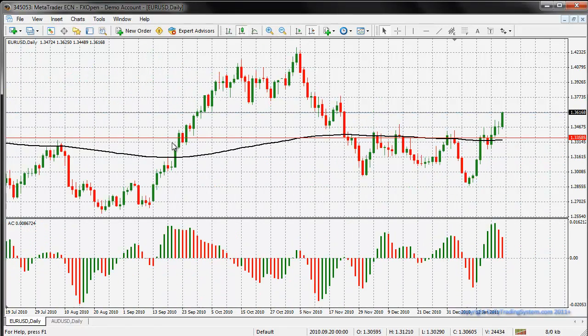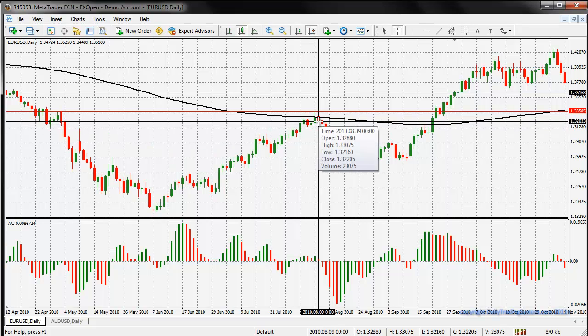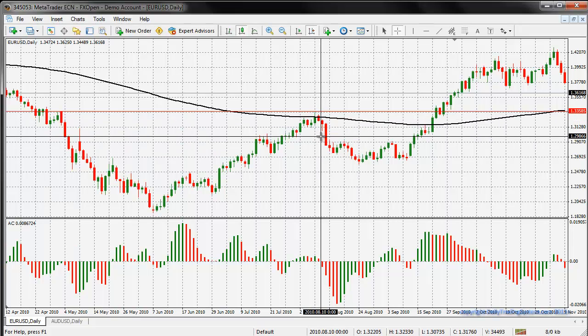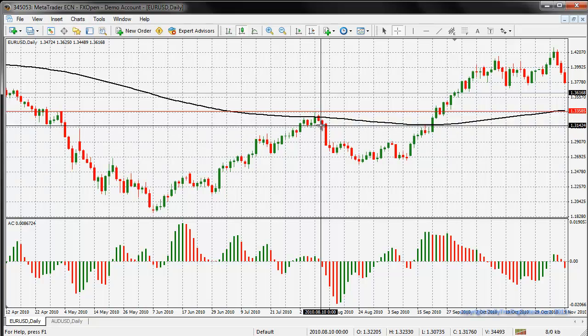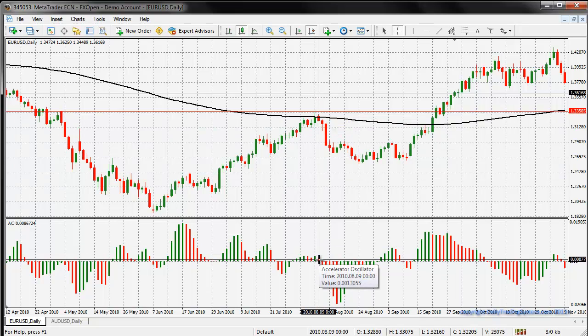Alright, okay. So I'm going to get my crosshair tool out, and I can see that this one here actually closed above, but it opened above the line. Plus this is above the histogram, but it's red.